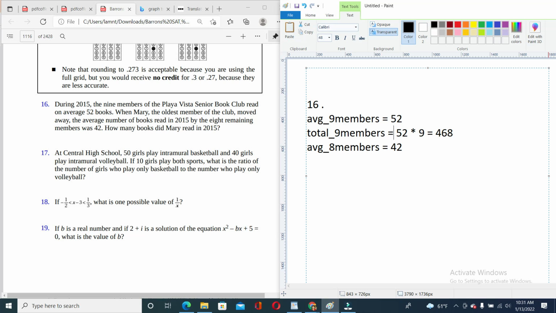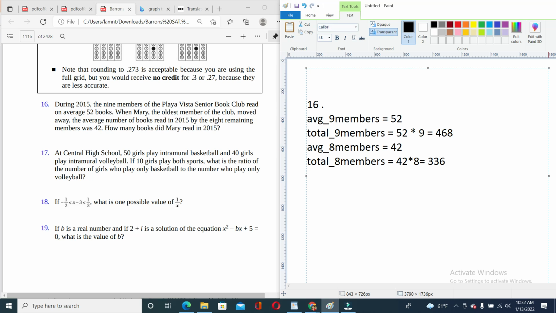So now you can find the total of the 8 members, which is 42 times 8, equal to 336.